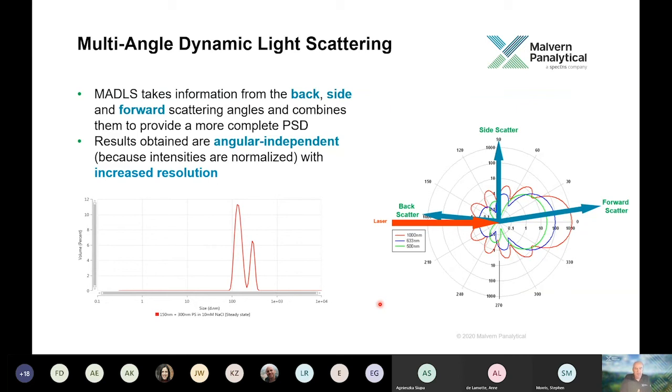Okay, that will depend on various factors, but 2-to-1 in size difference. So for example, if I have one mode at 50 nanometers, I could resolve the second one at 100, twice the size. In a single angle measurement, we would be struggling to get 3-to-1 resolution. So we get increased resolution by using MADLS.